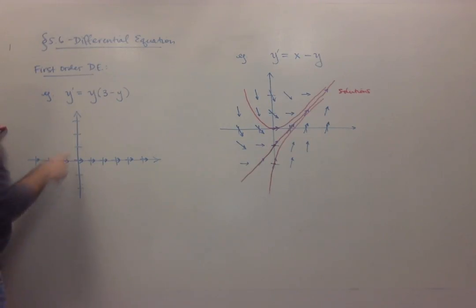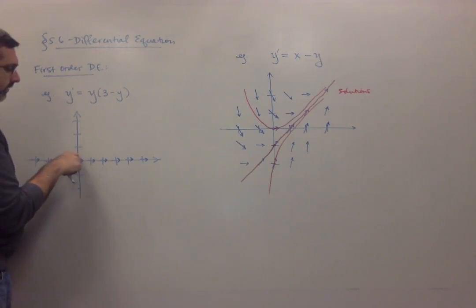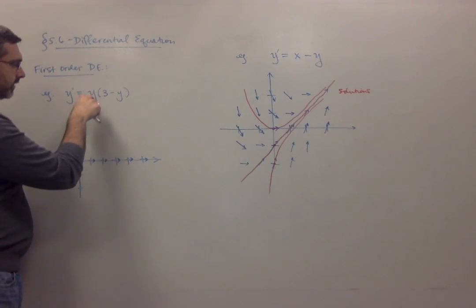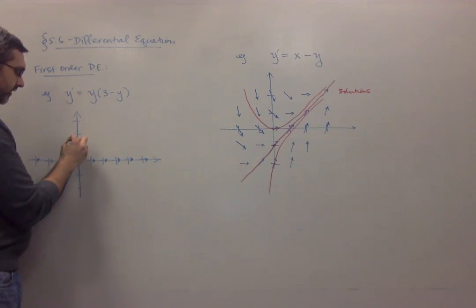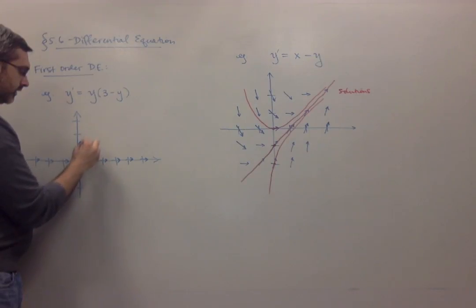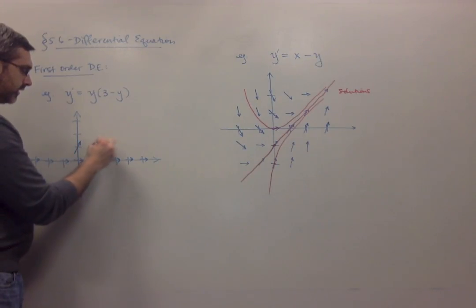Okay, let's look at what happens when y is 1. When I'm looking at x equals 0, y is 1, I get 1 times 2 is a slope of 2. Okay, so I have a slope of 2 everywhere here.